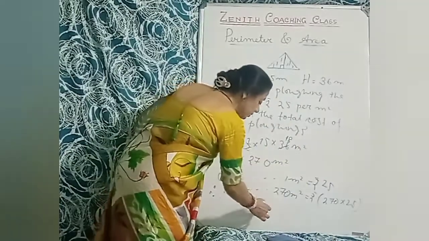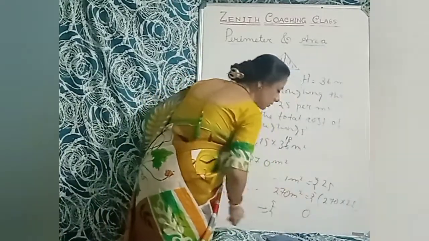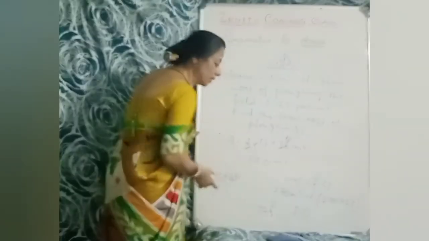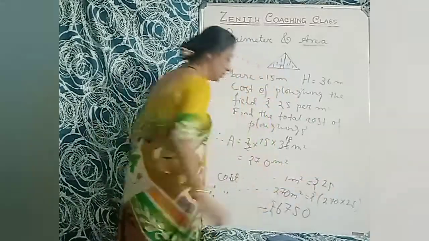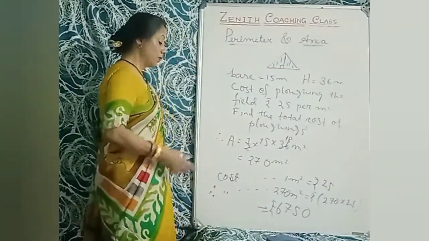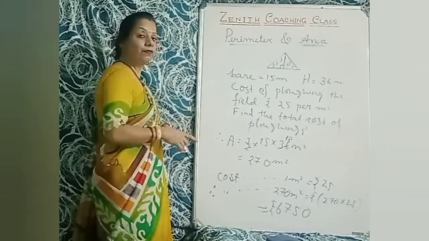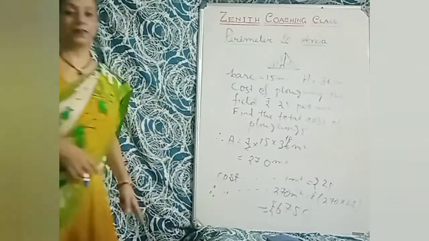You have to multiply: 25 times 0 is 0, 25 times 7 is 175, 175 and 5, 17 in hand. 25 twos are 50, and 50 and 17 is 67. So you have to spend rupees 6,750 to plow the whole field. Okay, let's observe the sum. I'll go to the next sum.